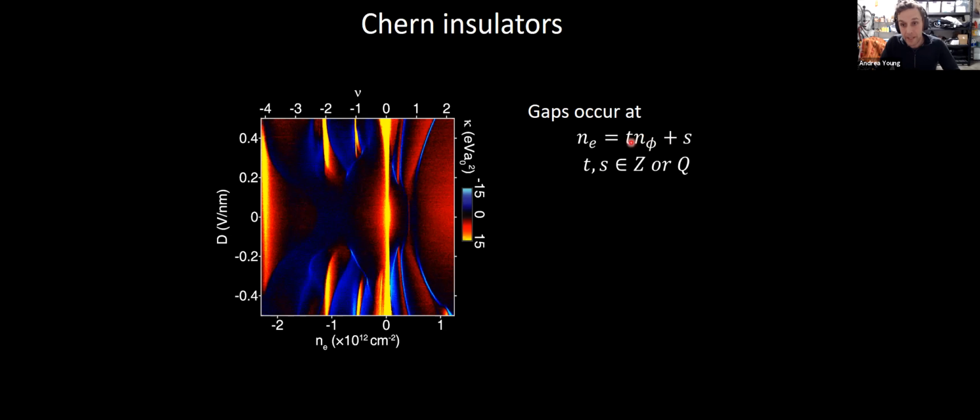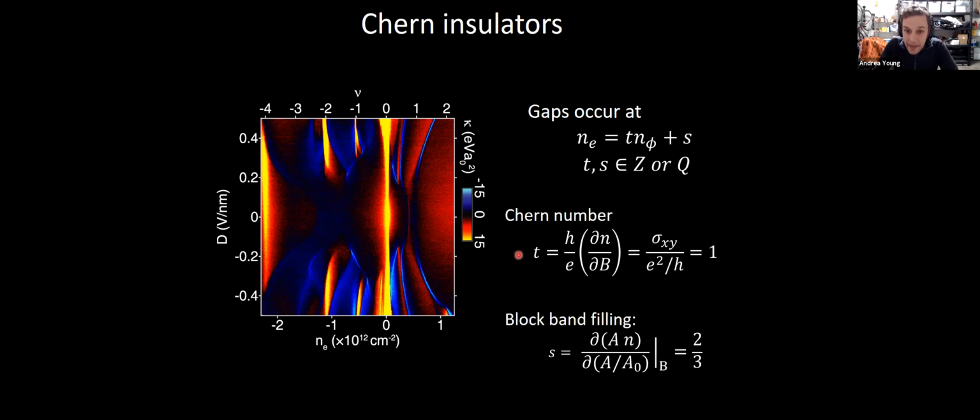Those are related by two quantum numbers, T and S. In a non-interacting picture, those would be integers, but once you have interactions, they can easily be rational fractions. T encodes the Chern number of the bands, and S encodes basically the band filling. Sorry, ignore these numbers. They're grabbed from later.